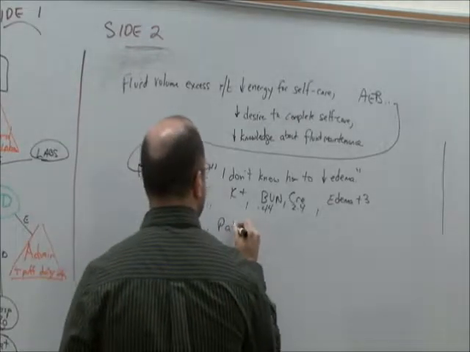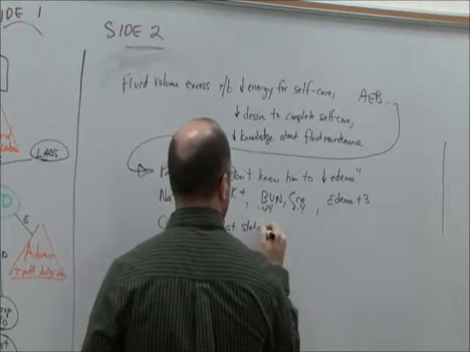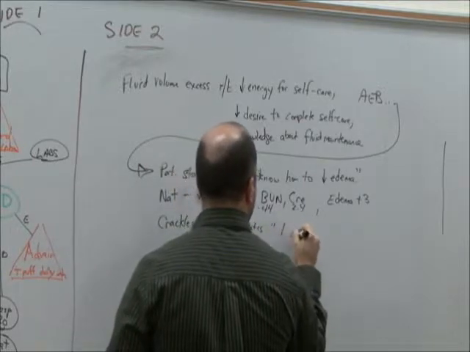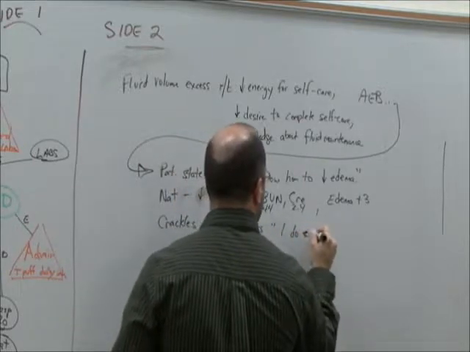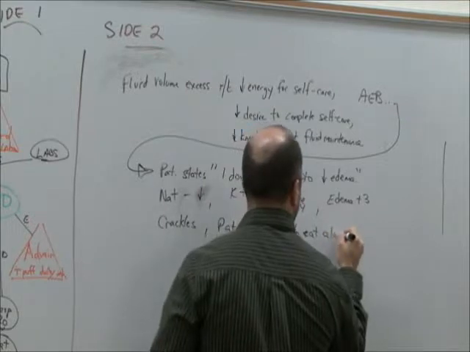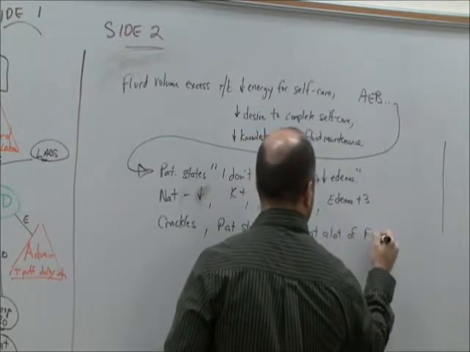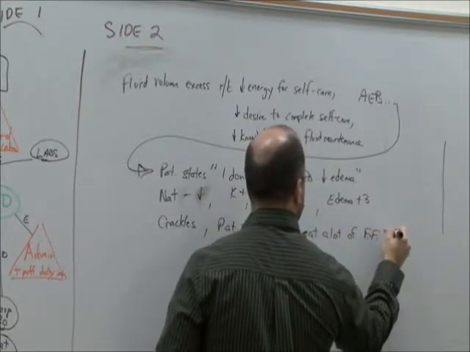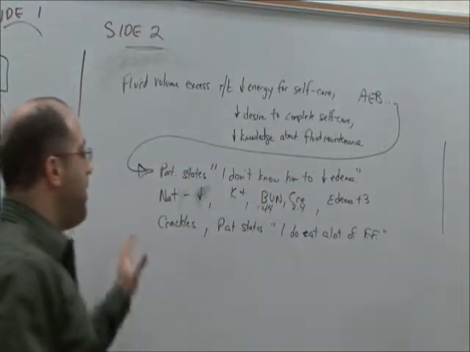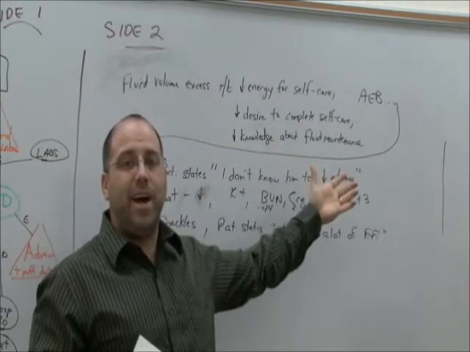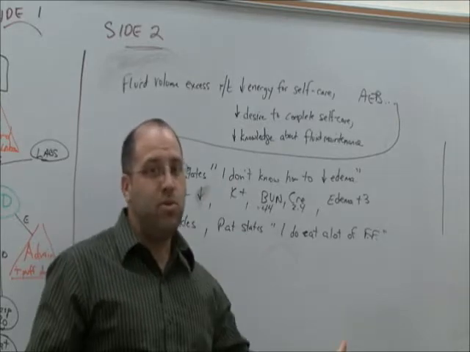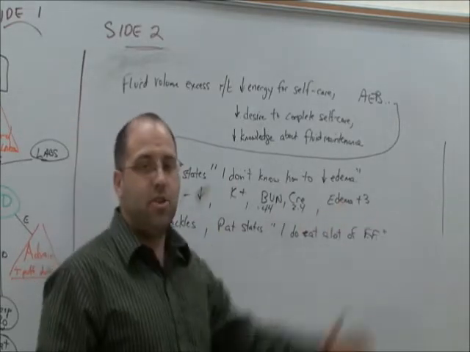Patient states, I do eat a lot of fast food. Maybe they actually state, I don't know how to handle this. I do eat a lot of fast food, and here's some of my other issues that are going on.